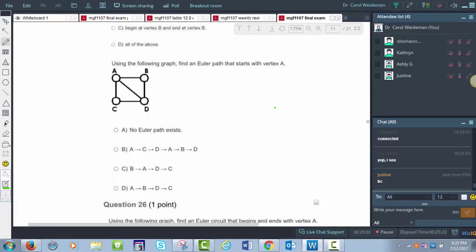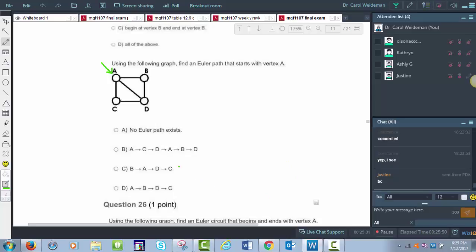So using the following graph, find a Euler path that starts with vertex A. Now remember the difference between the path and the circuit: a circuit has to start and end at the same vertex. A path does not. All right, so let's take a look at the options here. First question, is there going to be a Euler path? There is, because there are odd vertices here, so we want to think about that.